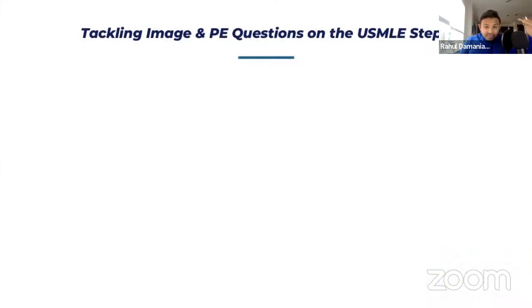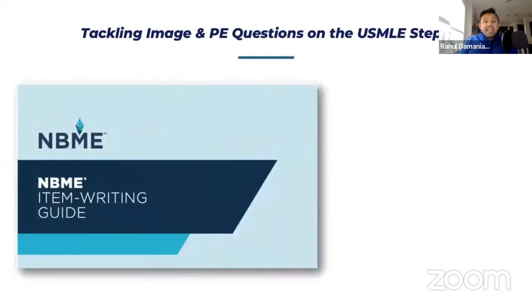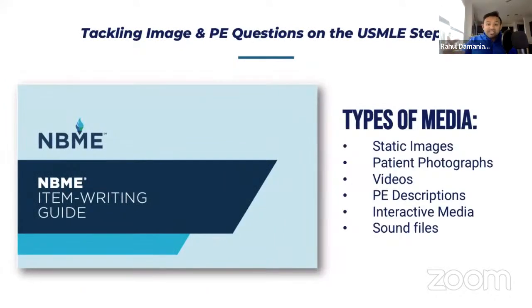Remember that this series of webinars tackles the image-based questions that you will see on the USMLE Step 1. If you missed the introduction session last weekend, I highly encourage you to check it out because I give you an insight as to how NBME question writers test and write these image-based questions.